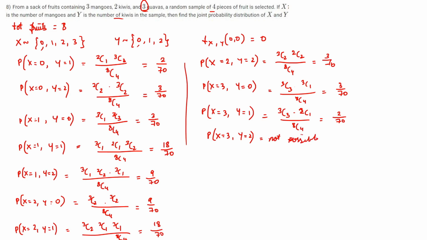So if you need, we can write this in a neat box. X takes the value 0, 1, 2 and 3, and Y takes the value 0, 1, 2 and 3. I'll just use a different color for all the borders.